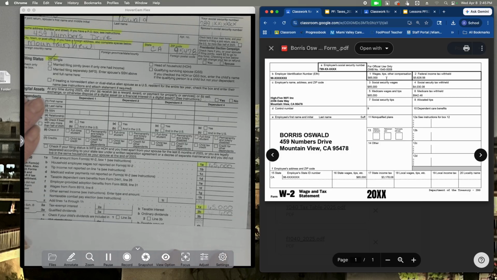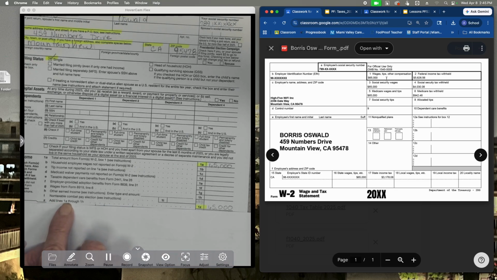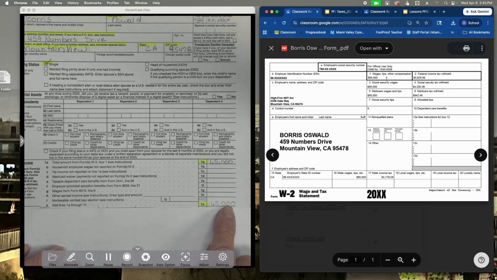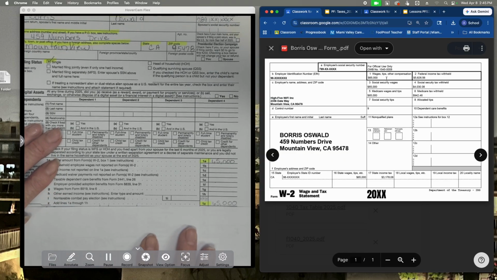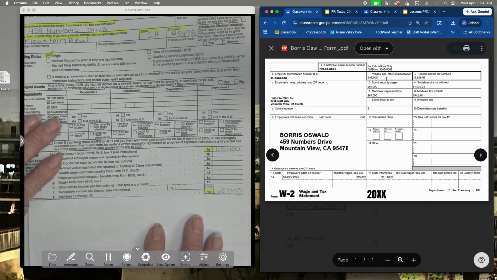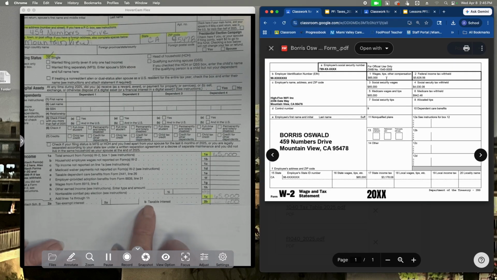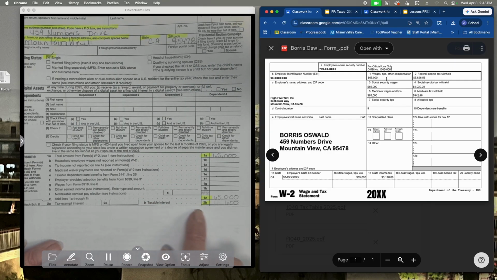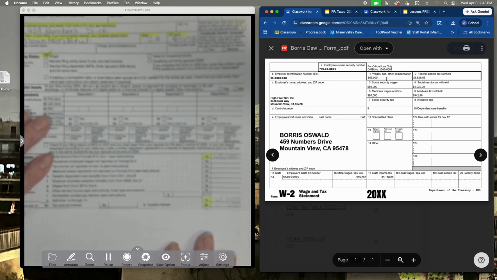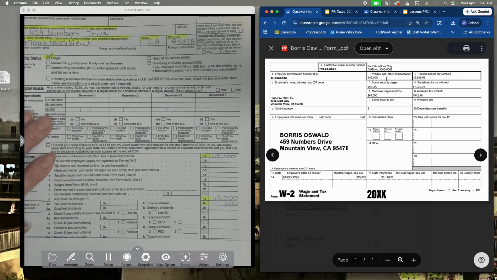Even in the investment section down here, before we get down here, we are going to add all of these lines. He didn't have anything else. It was just $65,000. Now he did have some interest income, so we do have to include that. It's just from the bank, so it is going to be taxable interest, and that is $600. So that is the only income he has.